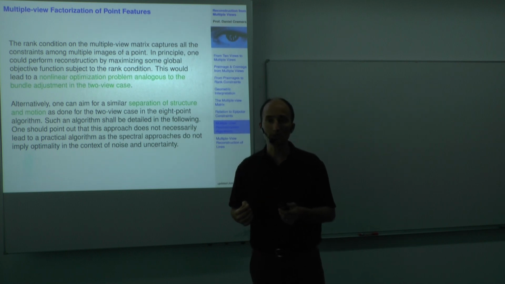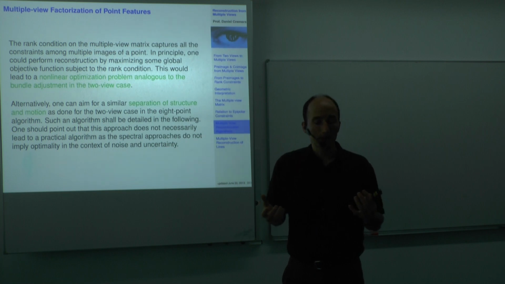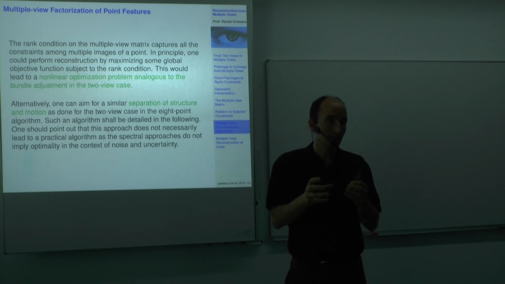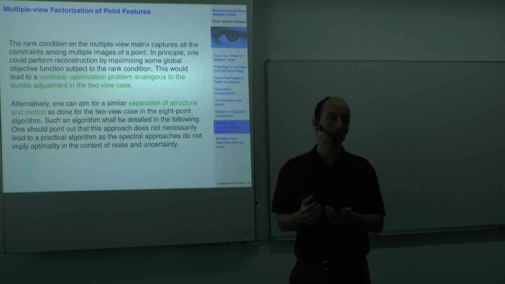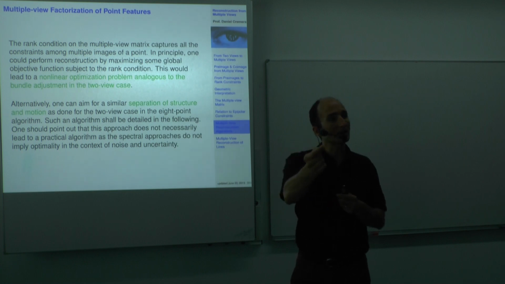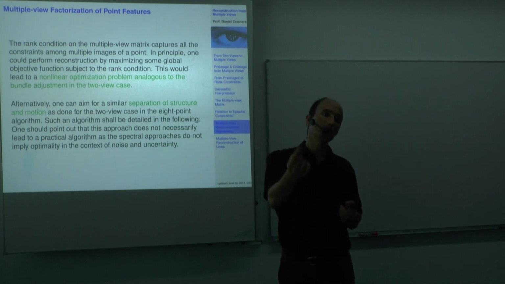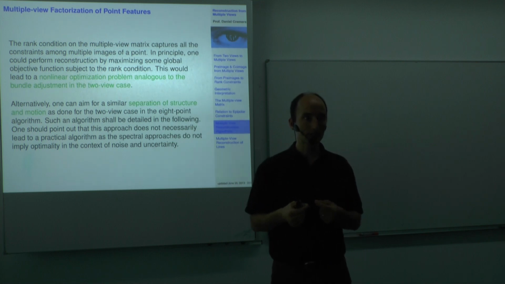The idea of the 8-point algorithm was that we decouple the problem: we first have the epipolar constraint that can be put together with multiple points that we observe, 8 points or more. Then we have an algorithm where we can estimate the camera motion without actually knowing the 3D location. And once we have the camera motion, we can then estimate the 3D location.